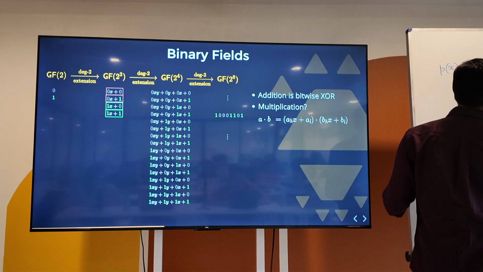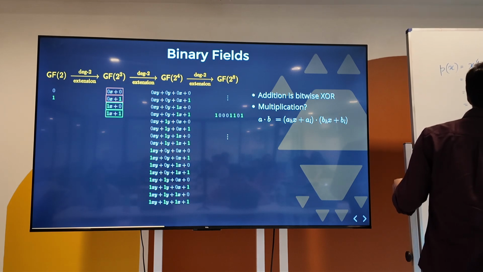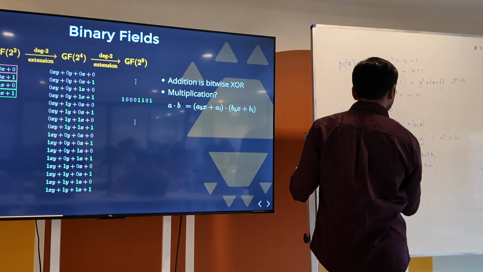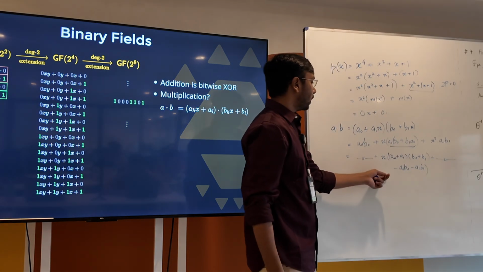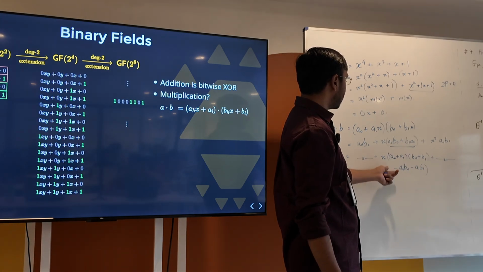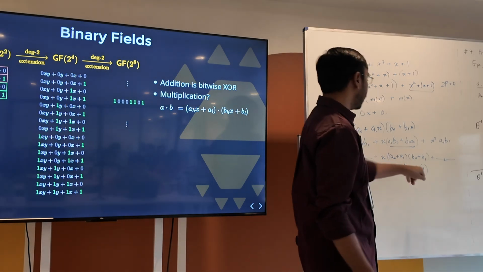So this is nothing but (A0 plus A1)(B0 plus B1), minus the terms that remain the same, and then these terms you'll basically need to take out.